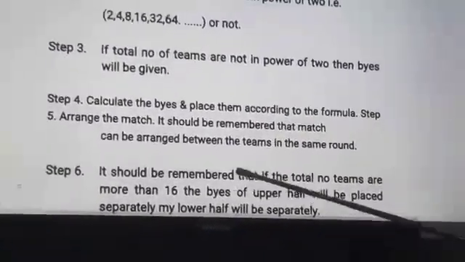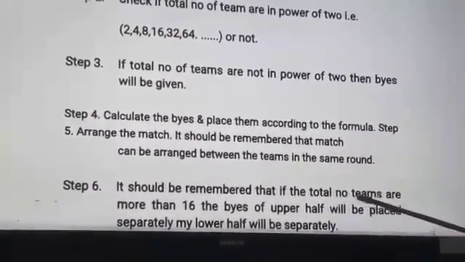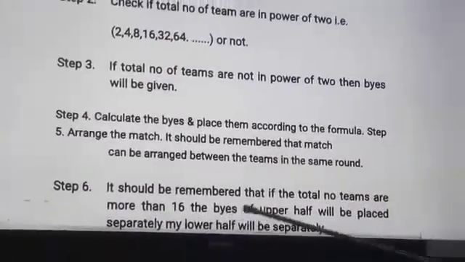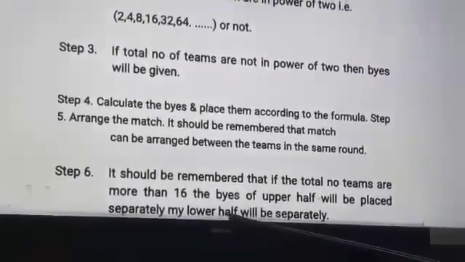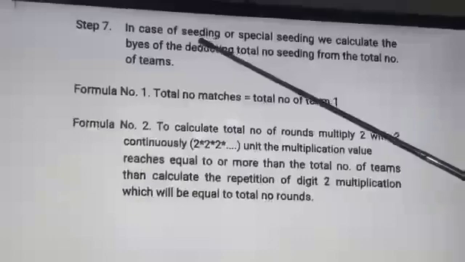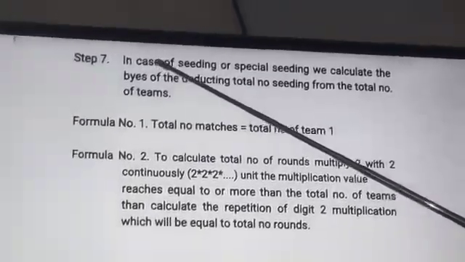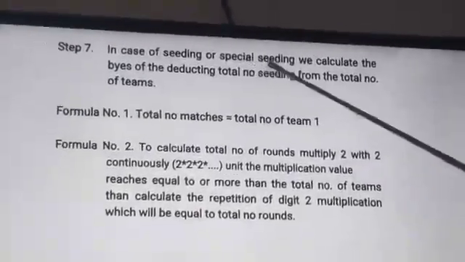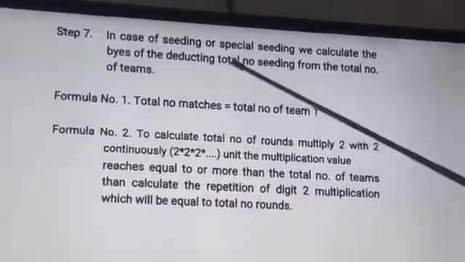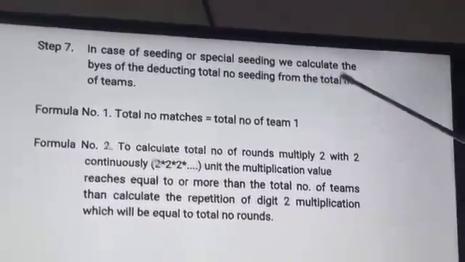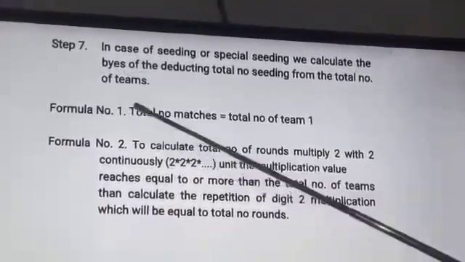It should be remembered that if the total number of teams is more than 16, the byes of the upper half will be placed separately and the lower half separately. In case of seeding or special seeding, we calculate the byes by deducting the total number of seeded teams from the total number of teams.